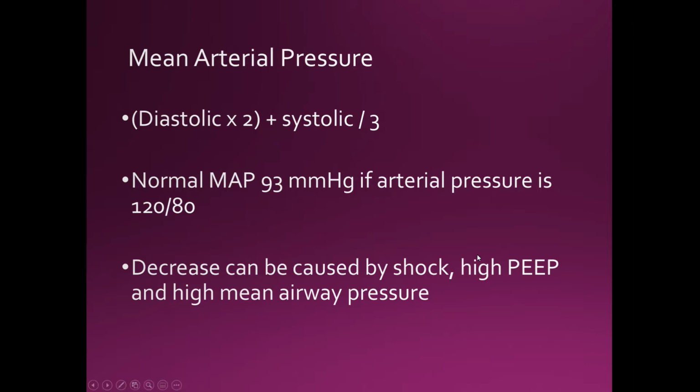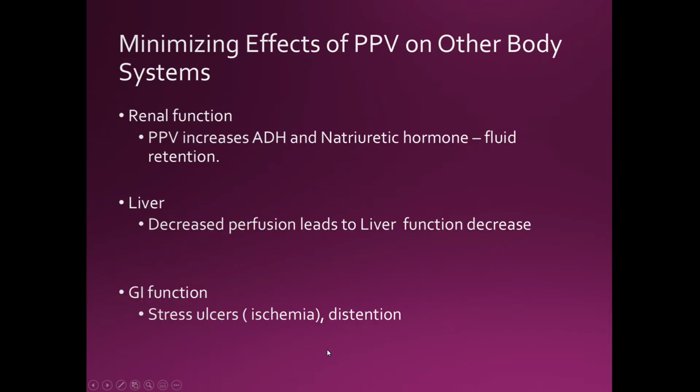A decrease can be caused by shock, because that's vasodilation. High PEEP, because that is decreased cardiac output. And high mean airway pressure. All right, so those 3 decrease your mean arterial pressure.